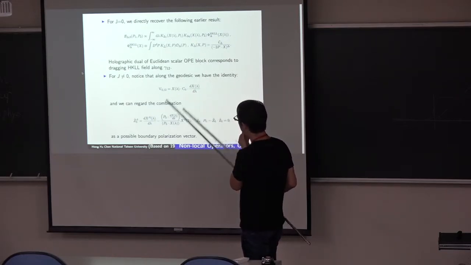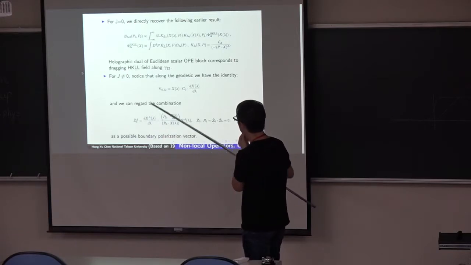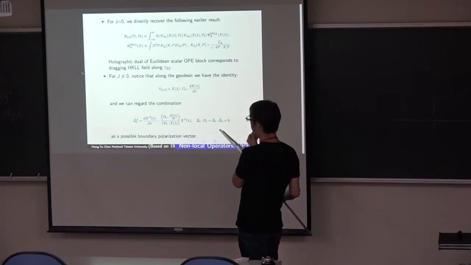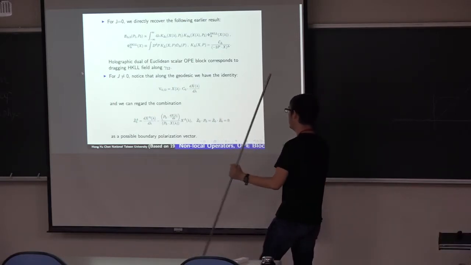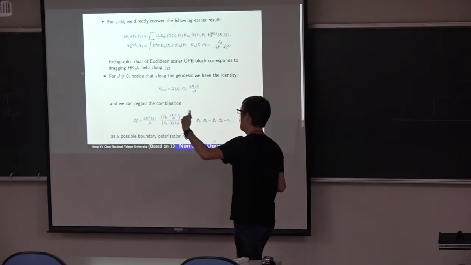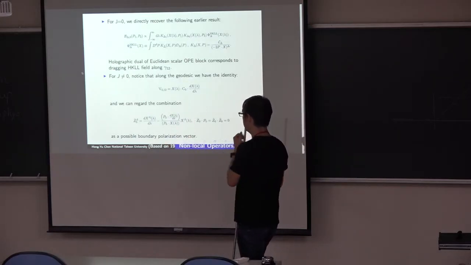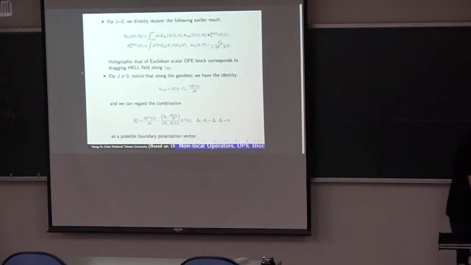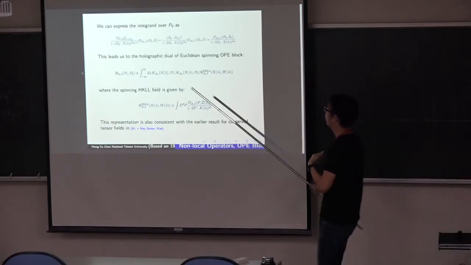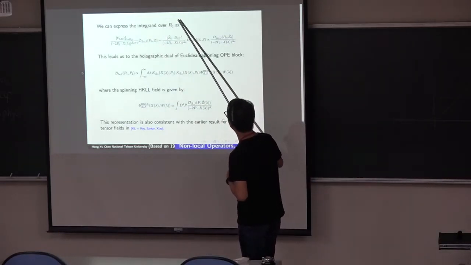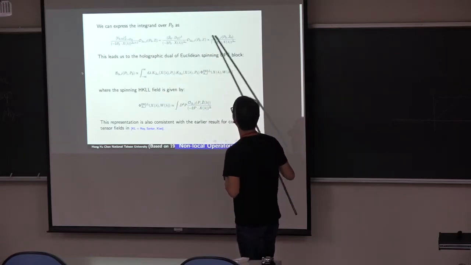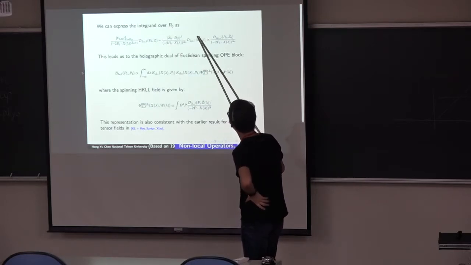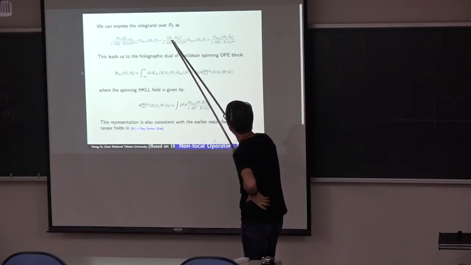If we now regard this following combination, which satisfies the property that it is orthogonal to the boundary point, that's precisely a polarization vector which you can have for a boundary tensor field. Then you can rewrite this integrand over the boundary point P0 into some contraction with this derivative, where the derivative acts on the propagator and then contracts with z0, just a swapping.